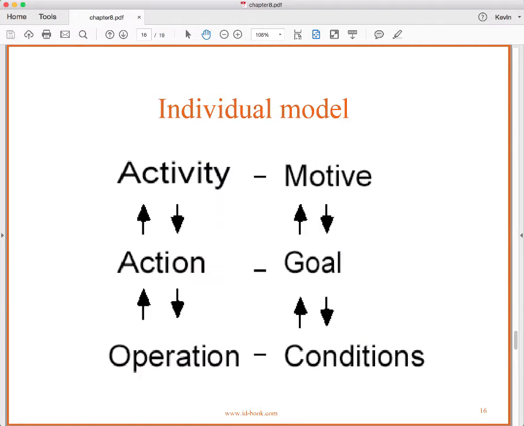Now, if we back up here, we'll see there's another model, the more traditional one before the Engstrom one, where we've got two sides to it. One, activity, action, operation. The other one, motive, goal, conditions.